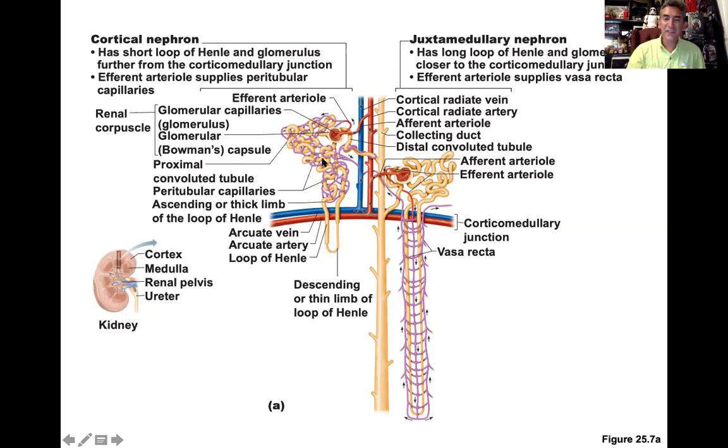So I hope you see they are different, right? We have these peritubular capillaries in purple, arranged differently. Again, form fits function. We know that they're both going to filter, but they're going to have different final functions for the body that they're going to accomplish later.